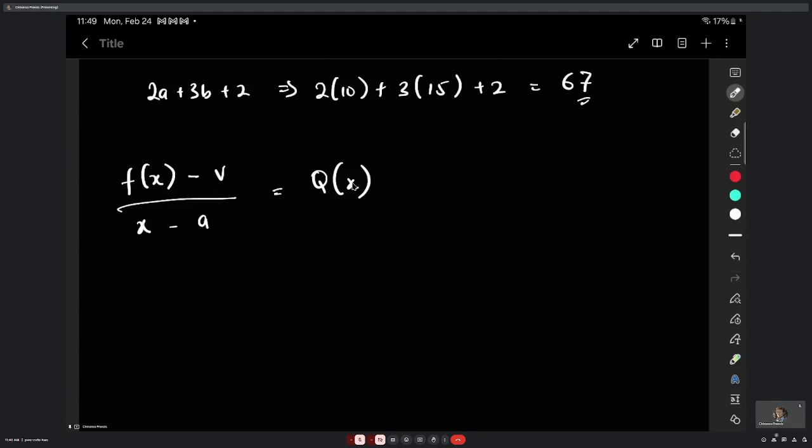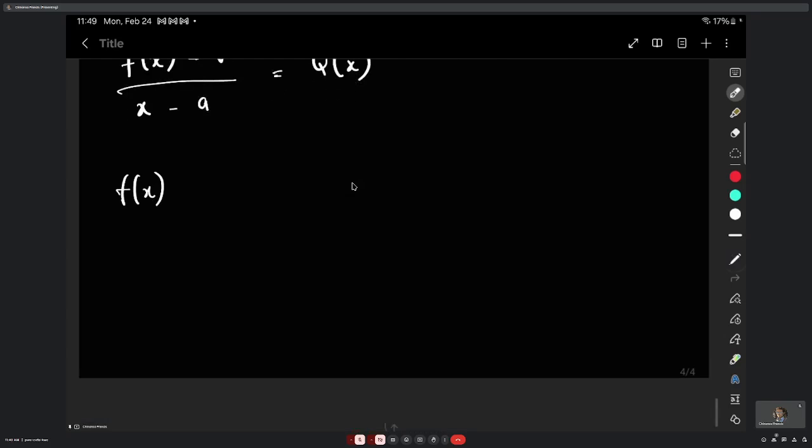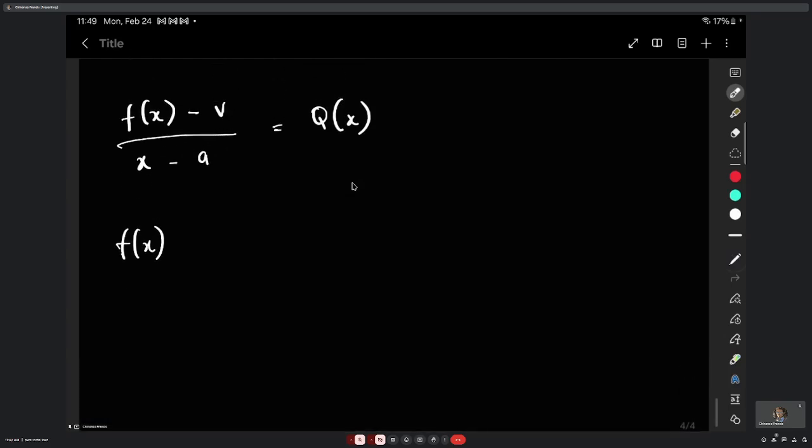How about in the multilinear setting? We know f of x is a multilinear polynomial, so we still have our f of x. We know v to be the evaluation of the polynomial at the set point. v is still going to be a single value, right?